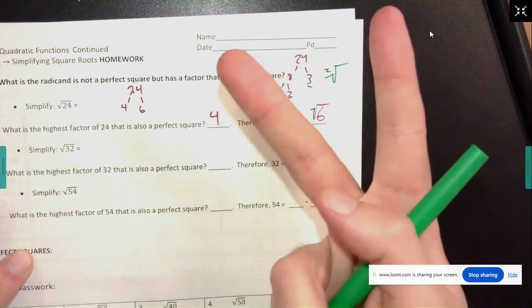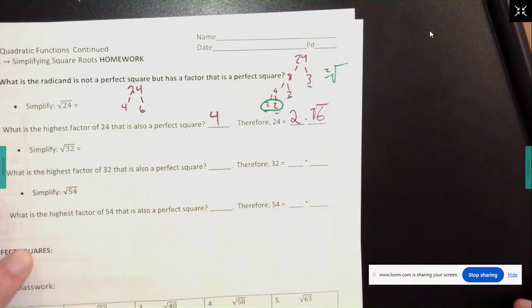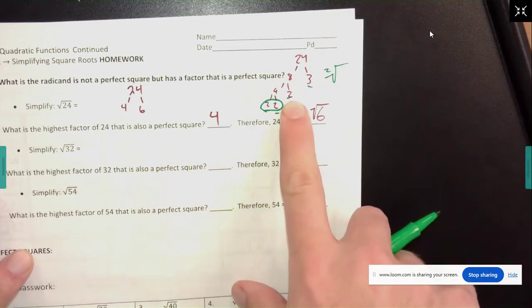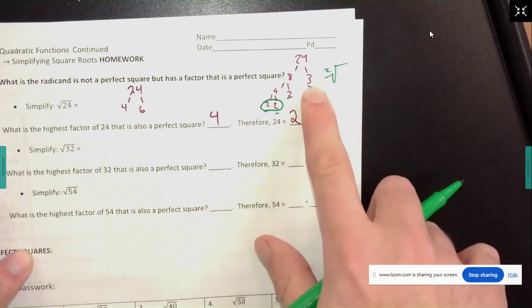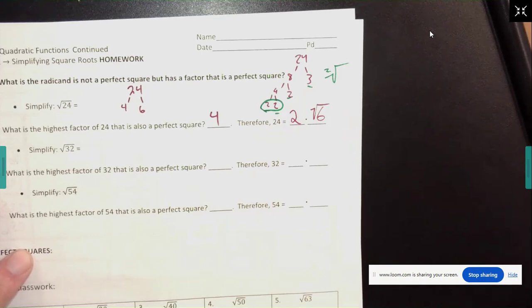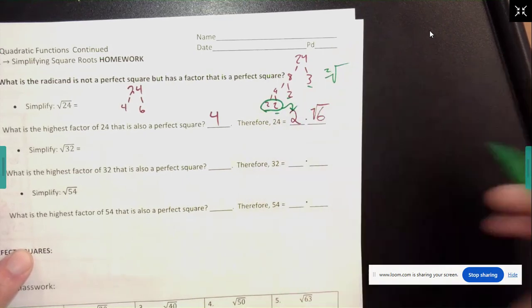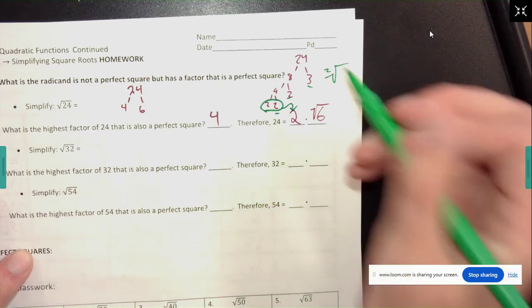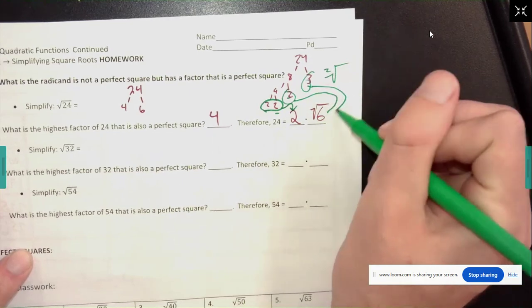So I have a pair of 2's right here. I have a 2 here with nothing to pair it with, so I just leave it alone. And then I have this 3 that I have nothing to pair it with, so I leave that alone. Whatever I pair up, I can pull out. Whatever is left, this 2 and this 3, I can multiply to leave inside.